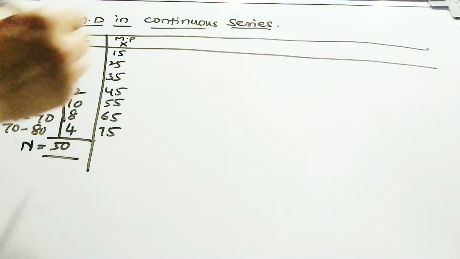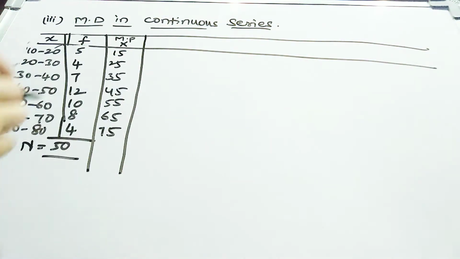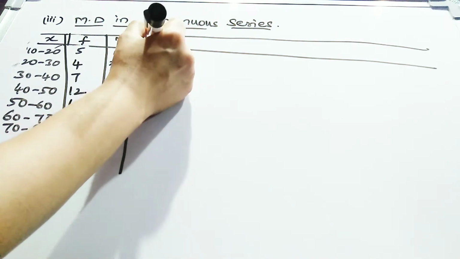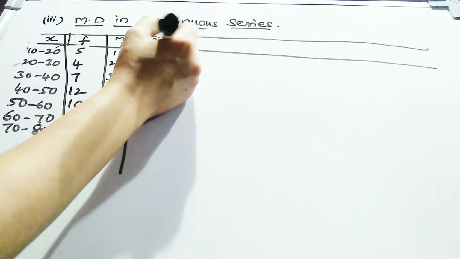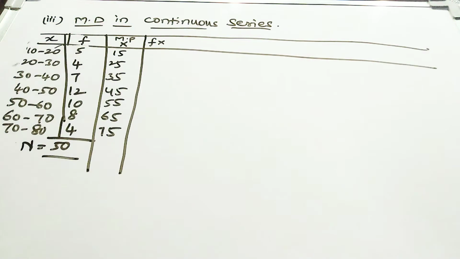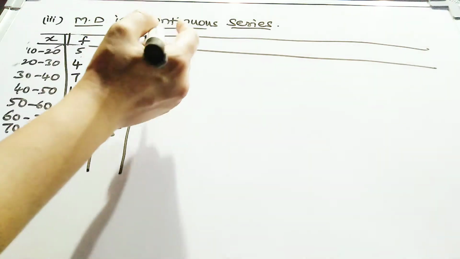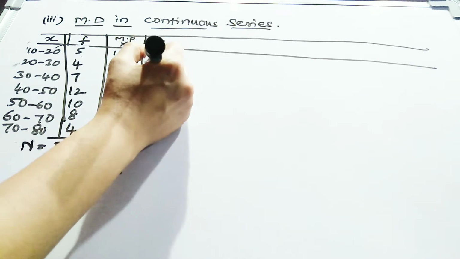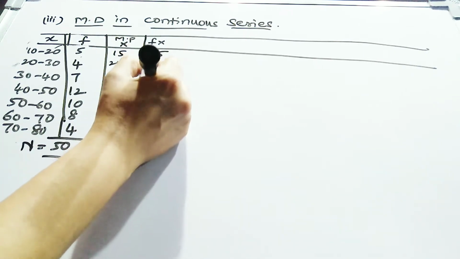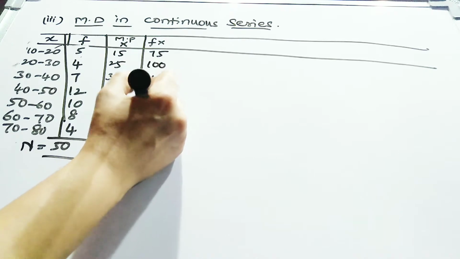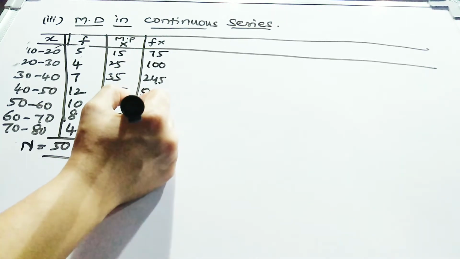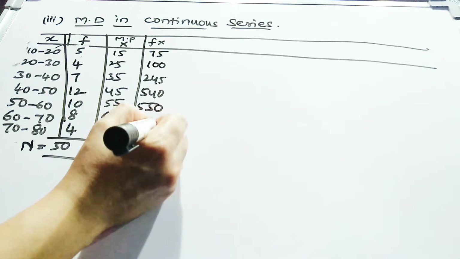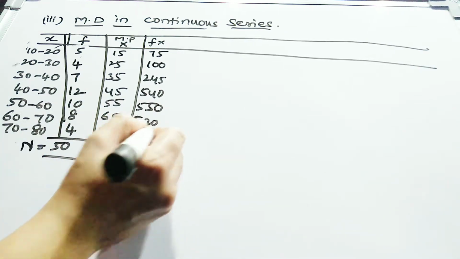After finding the mid values, you have to multiply frequency with mid values. 5 into 15 is 75. 4 into 25 is 100. The next values are 245, 540, 550, 520, and 4 into 75 is 300.